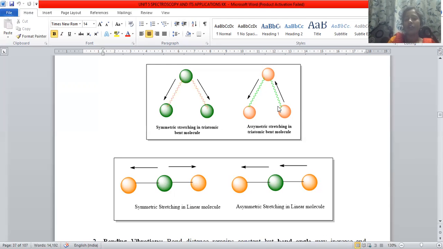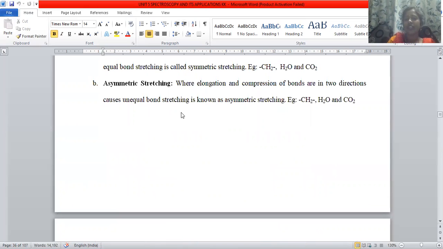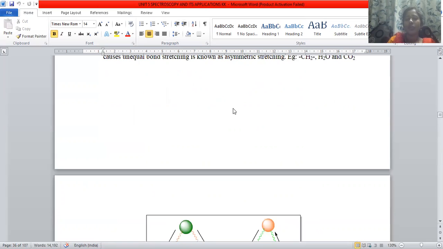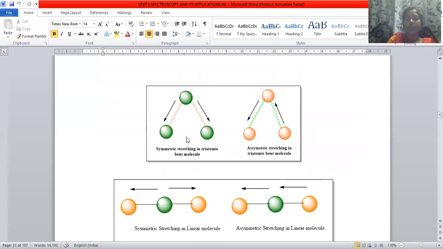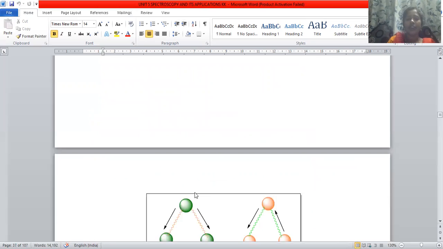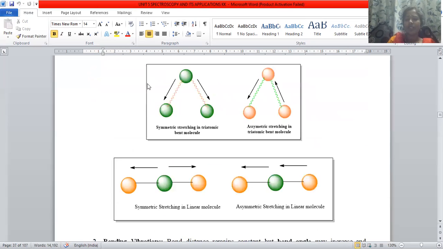One of the bonds is coming out, meaning elongated, and the second bond, because of the inward pull, will be compressed, so that we observe asymmetric stretching within the molecule. Whether it is CH2, water or carbon dioxide, either bent or linear, we can apply this symmetric or asymmetric kind of stretching.